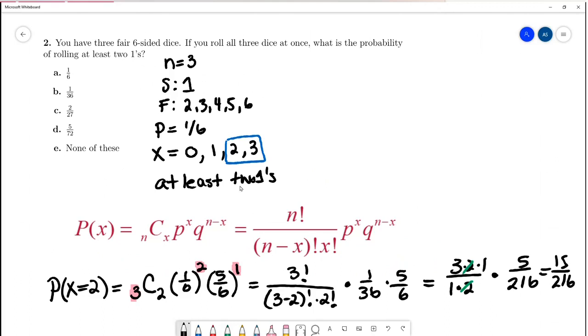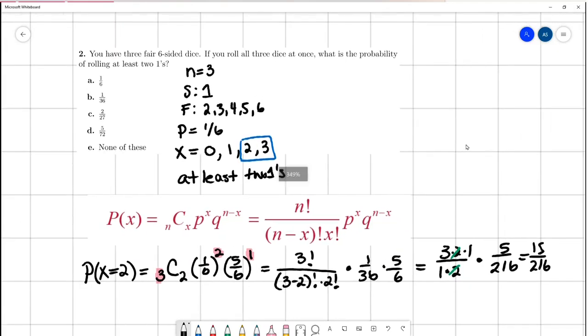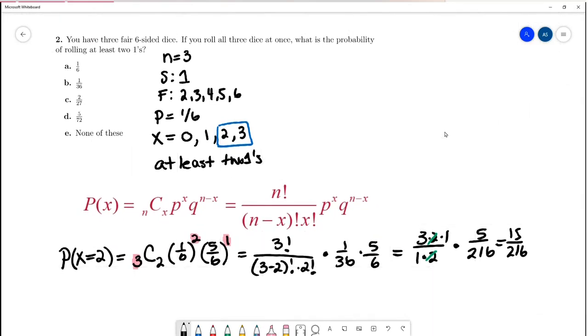So then I need to find the probability of 3 successful trials. That's probability that x equals 3. So 3 choose 3, 1/6 to the third, 5/6 to the 0.